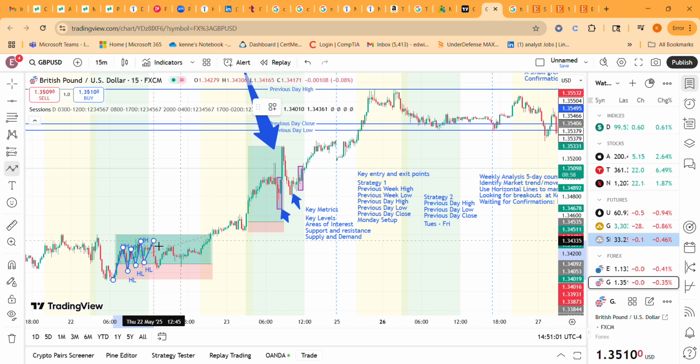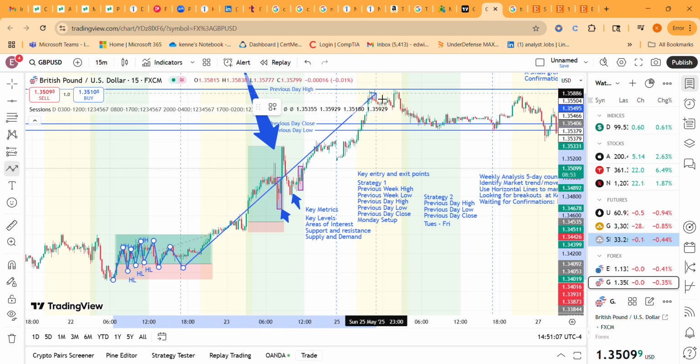The market keeps on going high, goes down, goes high, down. So that's the upward trend. We can do this and it's going to be the same. Higher highs, higher lows. That's how we know we are in an upward trend. So that's step number one.